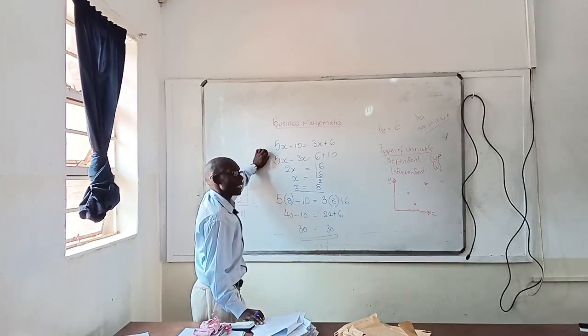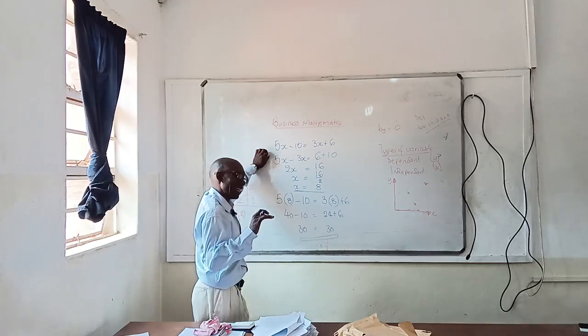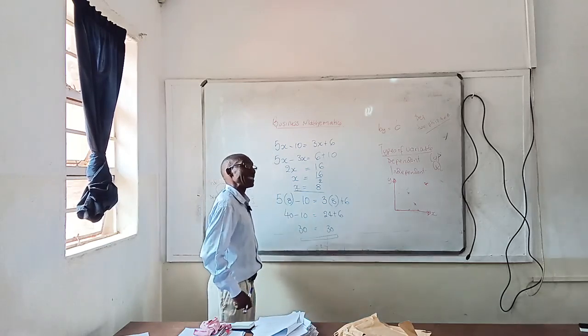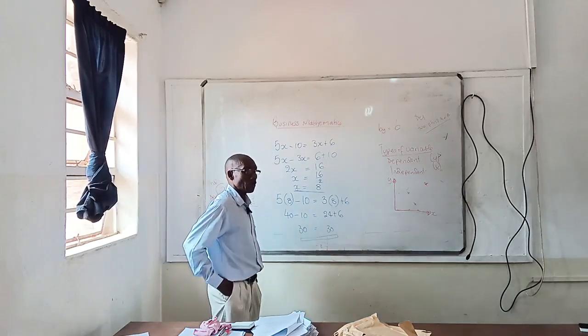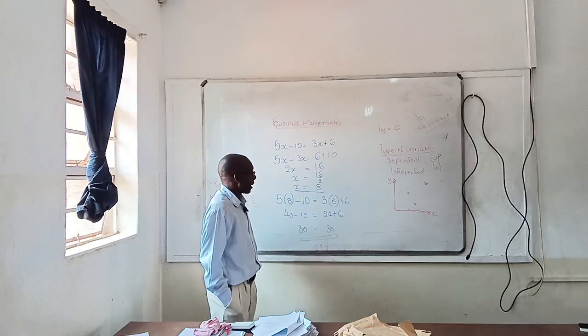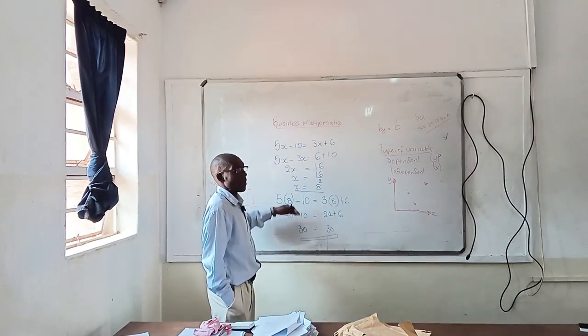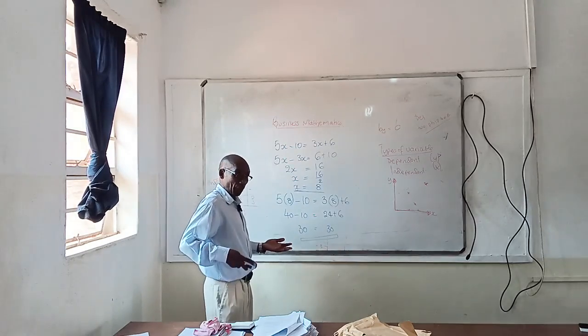Gradient will tell us the steepness. How steep is that? That's the gradient. But what we are doing here is balancing. To balance and to find the gradient is different.